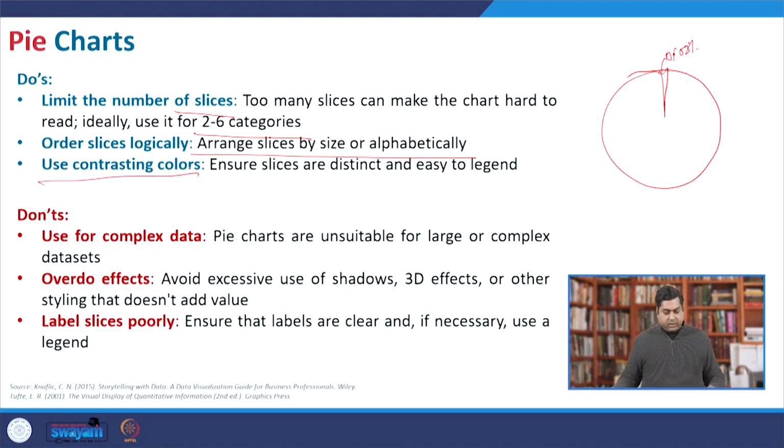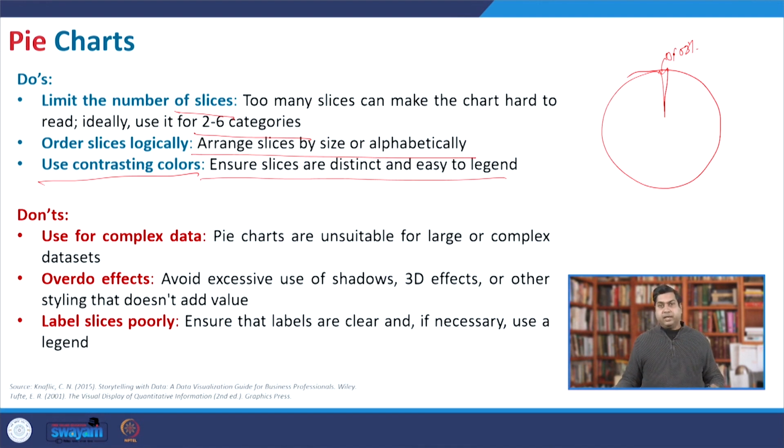Use contrasting colors for the pie chart, and do not go for something like a monochrome. In many cases those colors cannot be easily identified if somebody has color impairment.